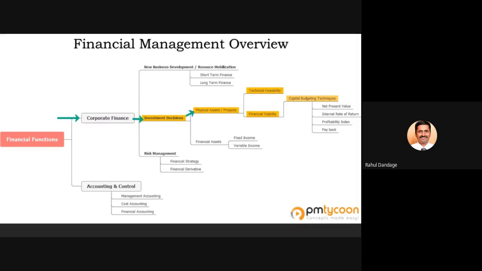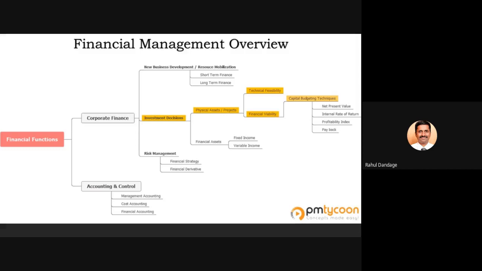So in general, any organization, before undertaking any project, would conduct two types of studies. One is technical feasibility study and another one is financial viability. If a project is not technically feasible, then there is no point in going ahead with the project. So the project ends there before even getting started.